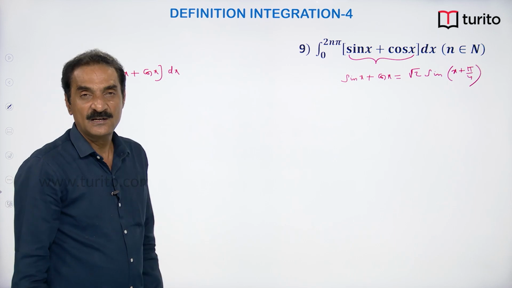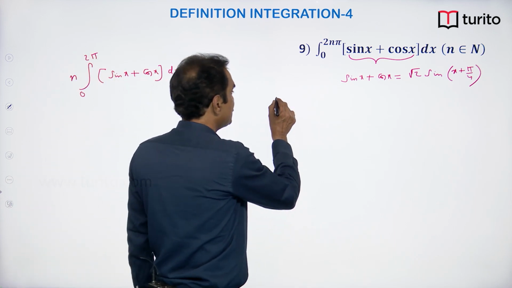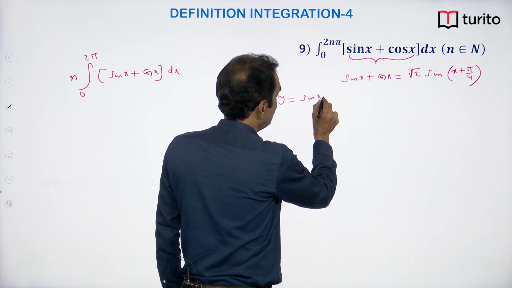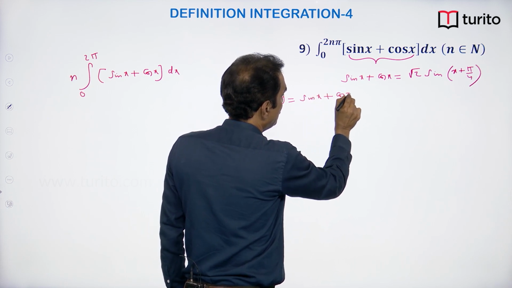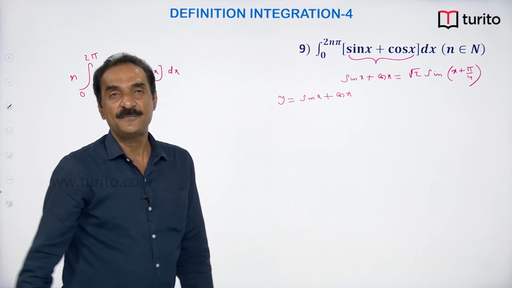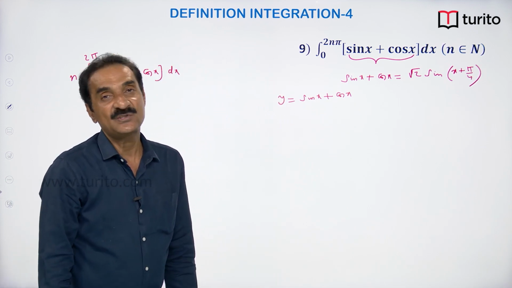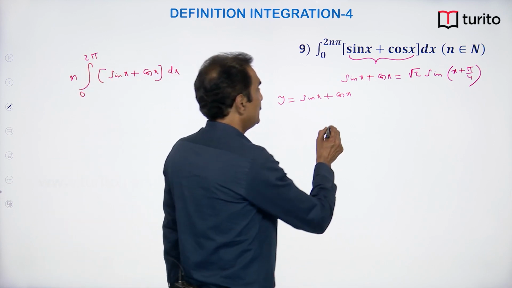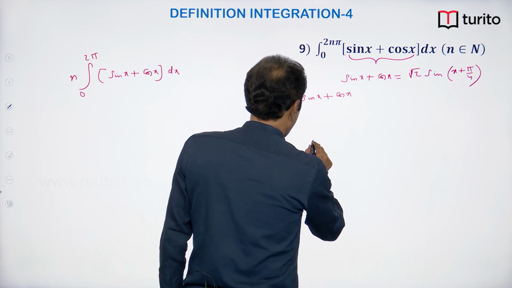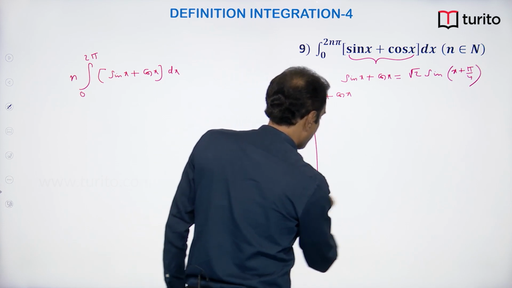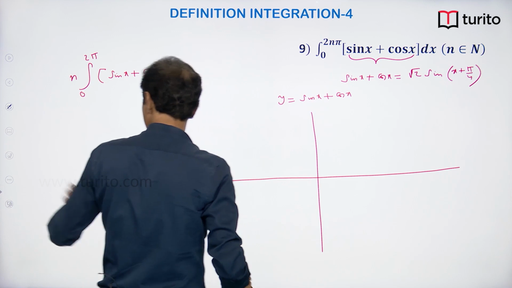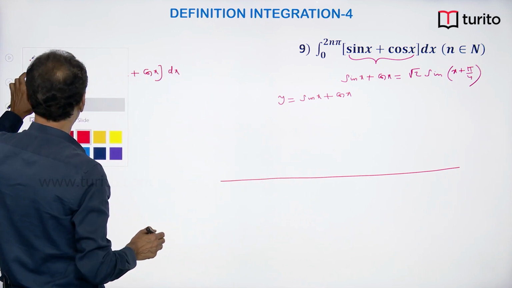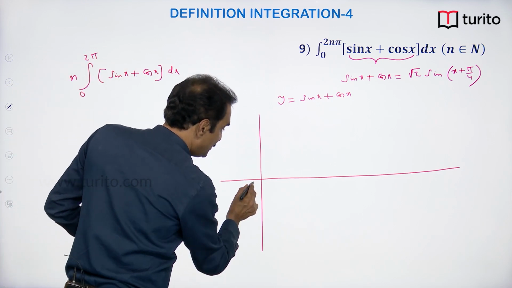So I am going to draw the graph of y is equal to sin x plus cos x. What is the range of sin x plus cos x? Minus root 2 to plus root 2. Okay. And we are going to integrate from 0 to 2 pi.